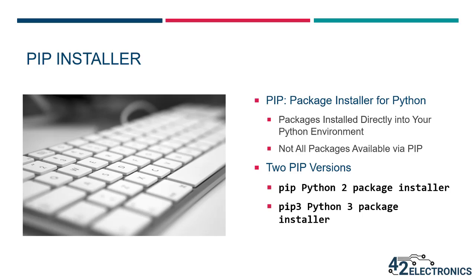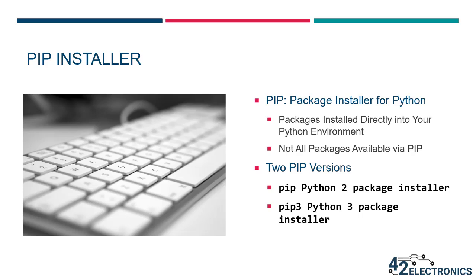All right, so just like Python versus Python 3 on the CLI, there are two versions of PIP that can be used, and they are PIP, the Python 2 package installer, and PIP3, the Python 3 package installer. These commands operate like the previous installers we've used in the past. If you use PIP3 to install a package, then it will not be available in Python 2 programs.